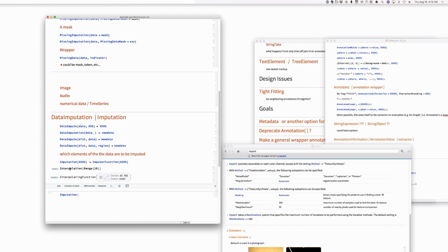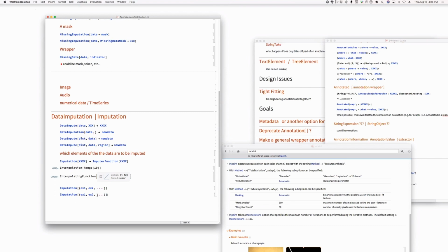Okay, but let's look at that by analogy with interpolation. Imputation there would be a set of examples, or conceivably you could just give it directly the distribution. I guess it could work like that as well. So then it would be analogous to interpolation.